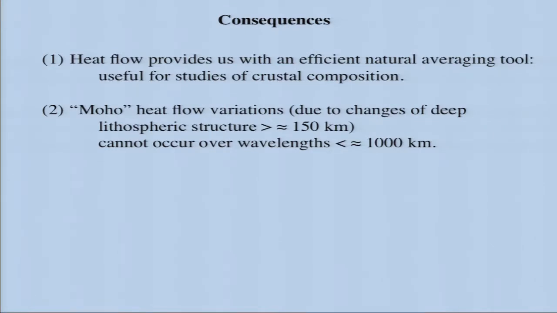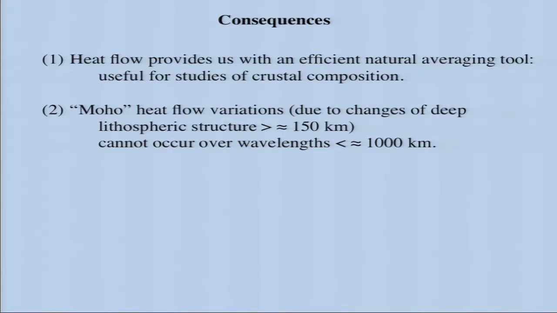So that's something that varies at a depth of maybe at least 150 kilometers, because in continents the lithosphere has got to be thicker than that, at least in those areas. So this is maybe a local variation of thickness, local variation of basal heat supply. There might also be slight variations of the radioactivity of the lithospheric mantle. But the point is that these things will all be averaged out when you look at your surface heat flow because it's deep.